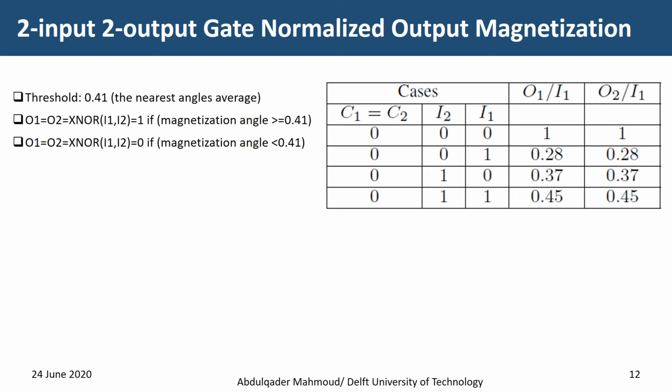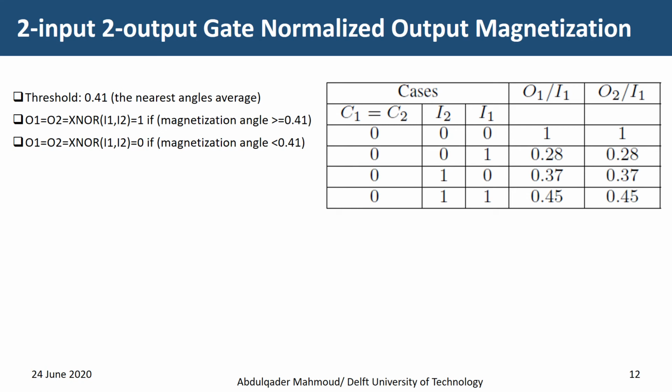Moving to the XOR gate, now we analyze when control 1 equal control 2 equal to 0, and for different cases. Now the predefined threshold is 0.41, which is the average of the two cases which are at the edges.